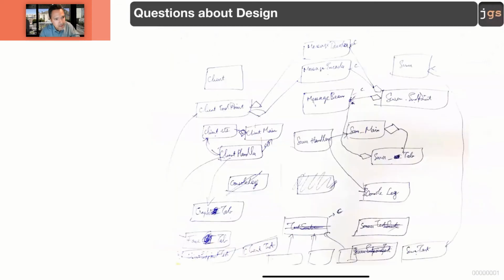So going back to the design, good or bad? Hopefully you agree with me that it's bad, but the question is why? Exactly, you noticed this, right? We talked about the diamonds. And we have a lot of diamonds.